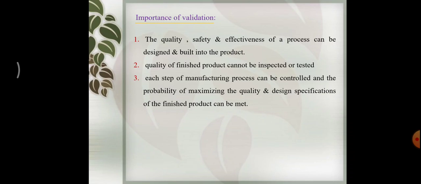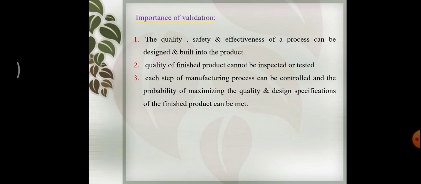The quality, safety and effectiveness of a process can be designed and built into the product, and the quality of the finished product cannot be inspected or tested. So each step of the manufacturing process can be controlled, and the probability of maximizing the quality and design specifications of the finished product can be met.